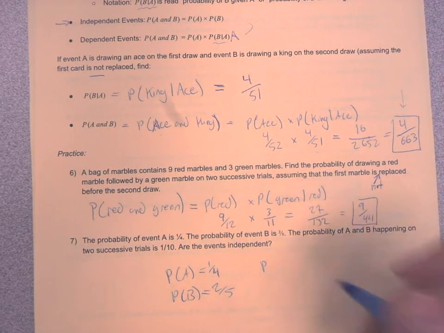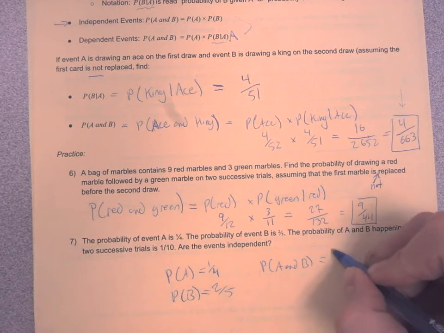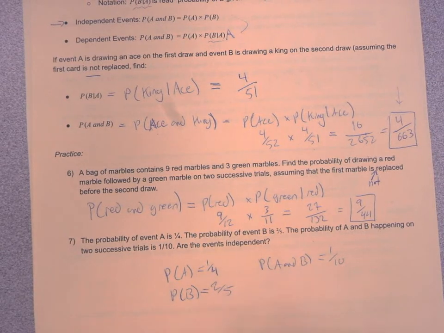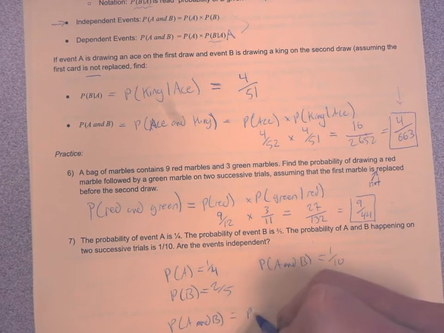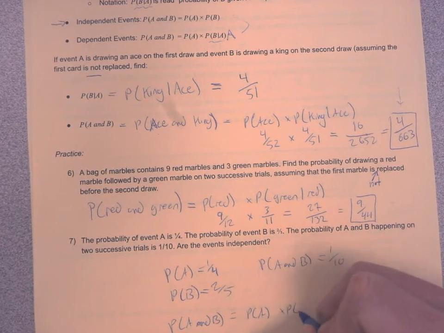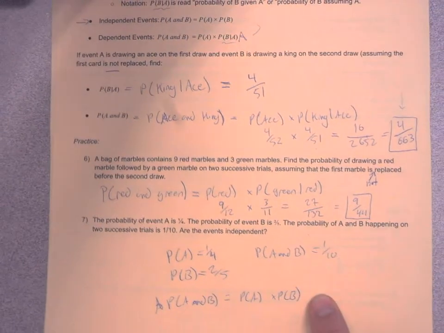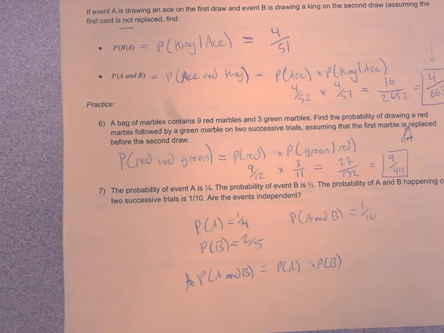But we're given this information that the probability of A and B is equal to 1 over 10. So if these events are indeed independent, then what should be true is that the probability of A and B should be equal to the probability of A times the probability of B. If this statement is true, the events are independent. If these statements are not true, then the events must be dependent, and that's kind of what we're going to do with our test here.